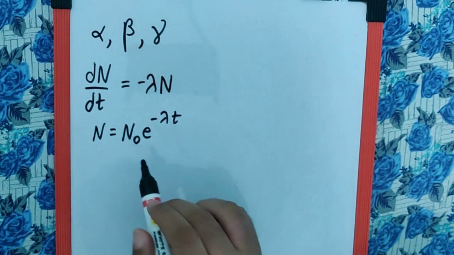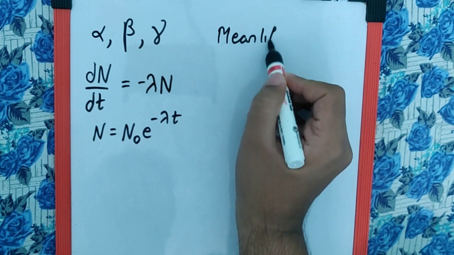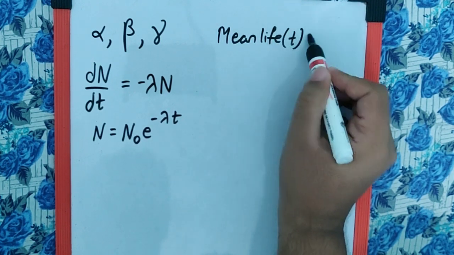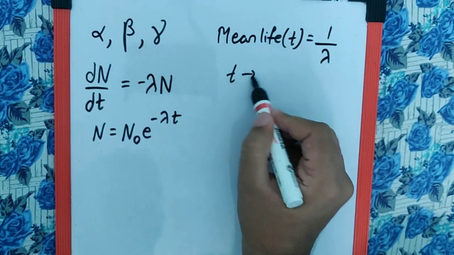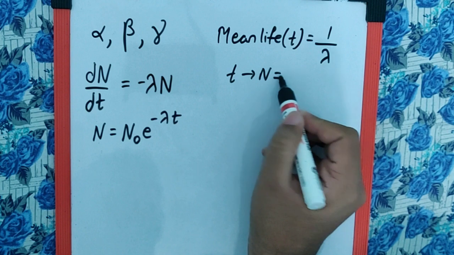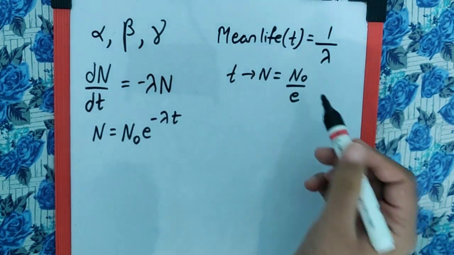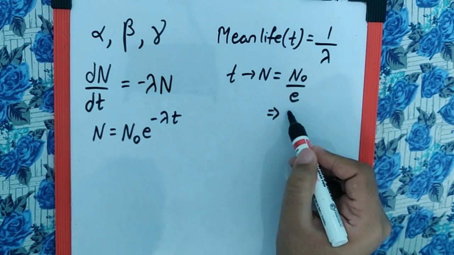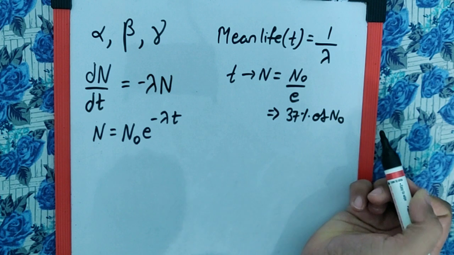Now using this, we have two important terms. One is mean life, which is nothing but the reciprocal of the decay constant, or the time in which the number of atoms reduces by a factor of e, or the number of atoms comes down to 37% of the original value.